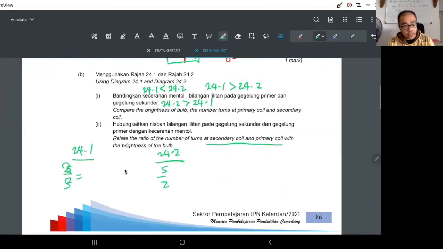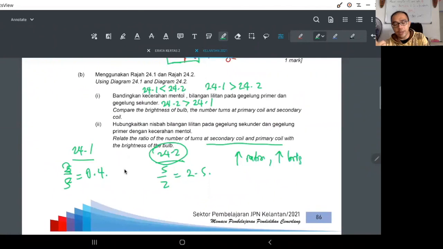2 over 5 is 0.4. 5 over 2 is 2.5. So this one, the ratio is bigger. The bigger the ratio, the bigger the brightness.